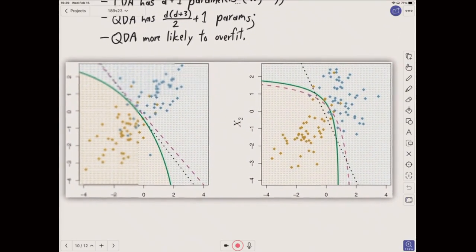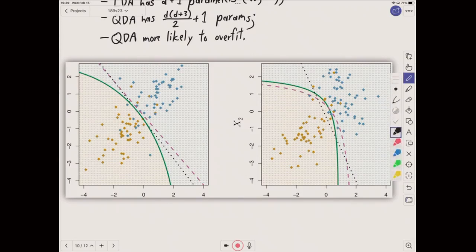In this figure here, the left example is LDA, and the right example is QDA. I'm sorry, no, that's not right. This is two different data sets, and each data set is showing both LDA and QDA. My apologies.